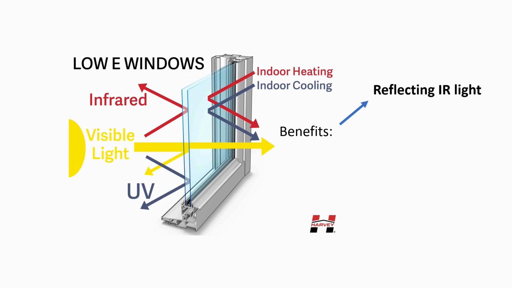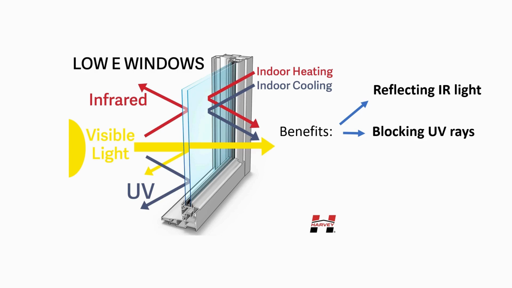And secondly, it can help to block UV rays. It can block most ultraviolet light, and as a result, it can protect interior decor and materials from fading due to UV rays.